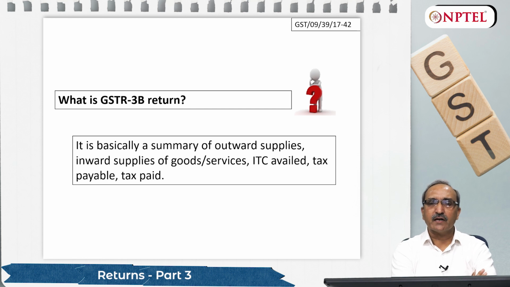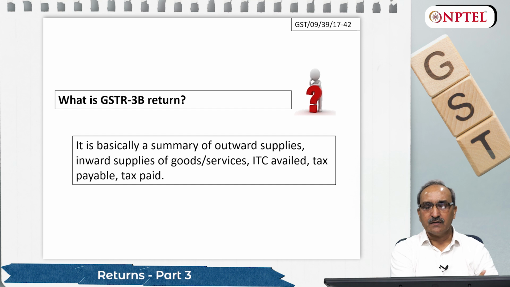Here you will declare your total ITC, and after that you will reduce from this ITC your ineligible ITC in the same manner, and then work out your net ITC available for different taxes. Means eligible ITC for IGST, eligible ITC for CGST, eligible ITC for SGST. And also you will declare over here your output liability in the form of IGST, CGST, and SGST on your sales, which you have declared in your GSTR 1 return.